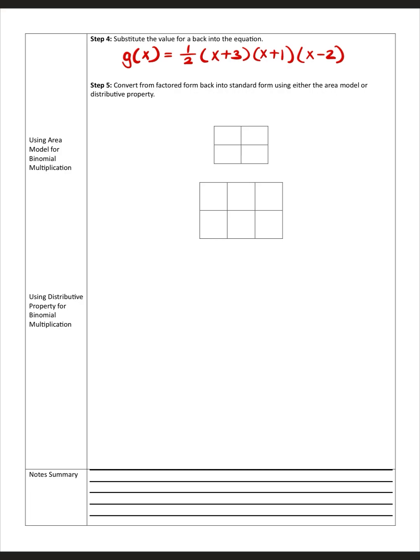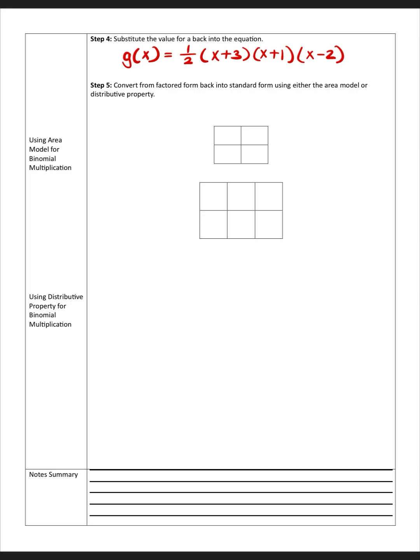So we substituted the a that we found, which was 1/2, and we plugged it back into the equation that we had in factored form. Well, now we want to convert it from factored form back into standard form using either the area model or the distributive property. So I'm going to show you guys both ways. I personally like the area model. I find that it's quicker, but some others may like the distributive property way for doing binomial multiplication.